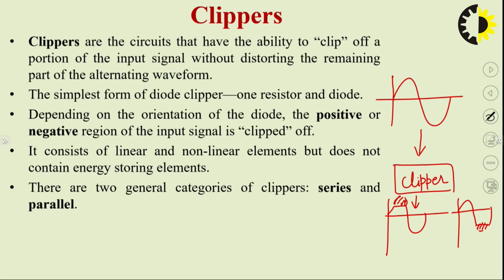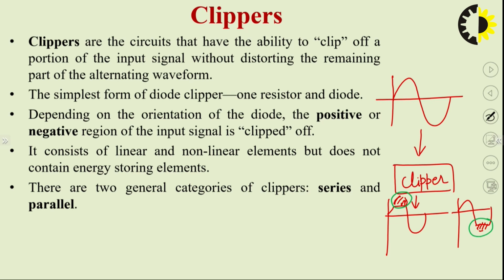The simplest example of the clipper circuit is the half wave rectifier. Depending upon the direction of the diode, it may remove the positive half cycle or the negative half cycle. But if you would like to remove only a certain portion, like we did in this case, if you want to remove only this portion or only this portion, then we need to connect one more component in the circuit, that is the DC battery.